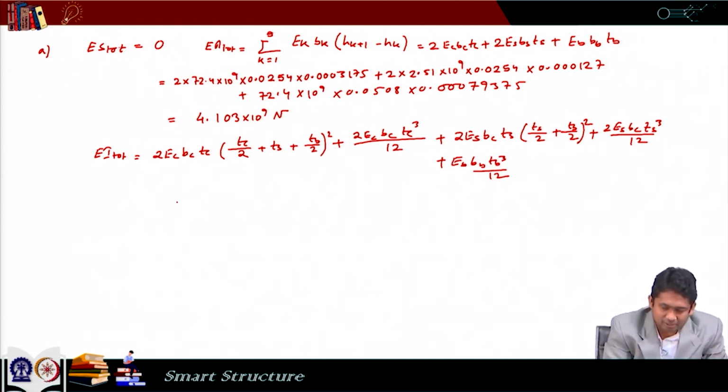And after we apply all the properties, then it comes to this value.